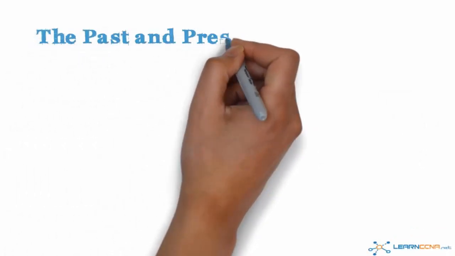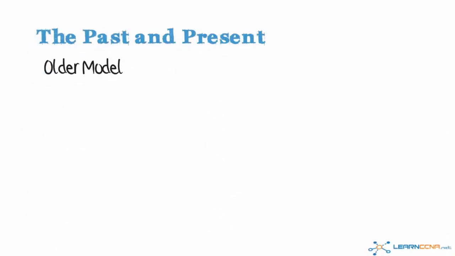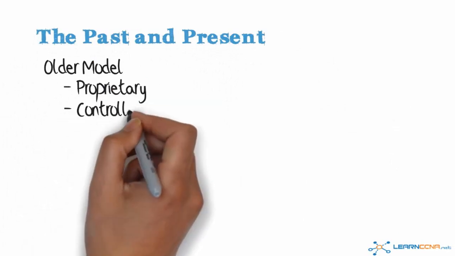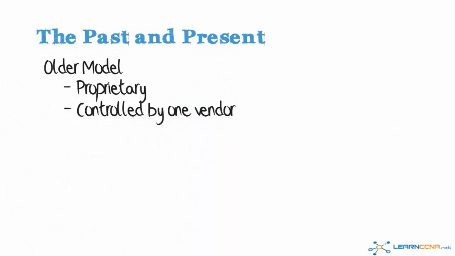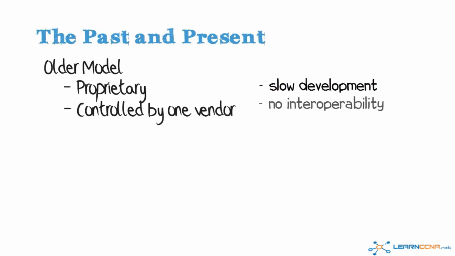Now, in the past, there were older models that were proprietary and were typically controlled by a single vendor. This caused multiple issues, especially in networking, where we have many different devices that need to communicate with each other. Issues resulting from a proprietary model included slow development and no interoperability between vendors.